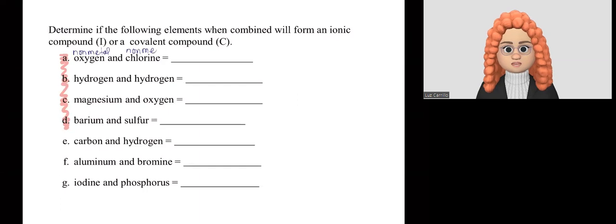If you look at your periodic table, you will observe that they are to the right of the metalloids. Hydrogen is the exception to the rule. Even though it's in group 1A, it is the only member of that column that is actually a non-metal. So hydrogen and hydrogen, we have 2 non-metals.